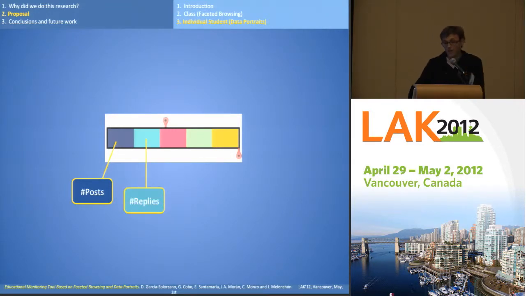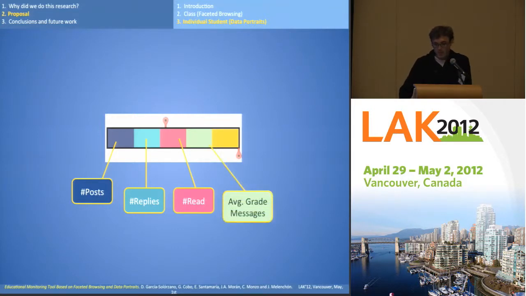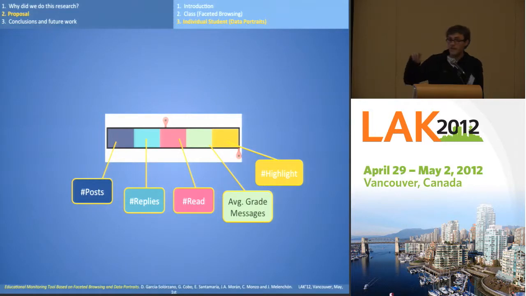The second one, the number of replies. The third one, the number of messages read. The average grade of messages, and the last one, the highlighted messages. The intensity and the color change, the transparency changes according to the amount of messages that the student has posted, replied, read, etc.